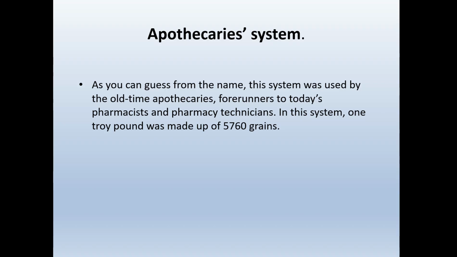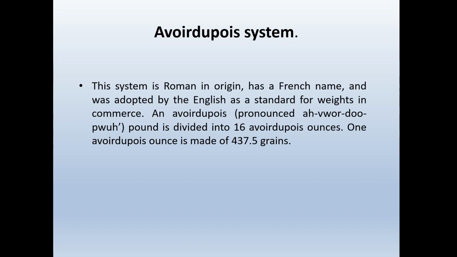Like I said, brief intro. Subsequently, we'll go into details. Just remember that this apothecary system was used in the days of old by the early pharmacists and pharmacy technicians. They measure in troy pound, and one of it contains 5,760 grains.